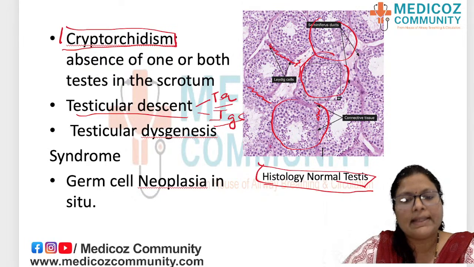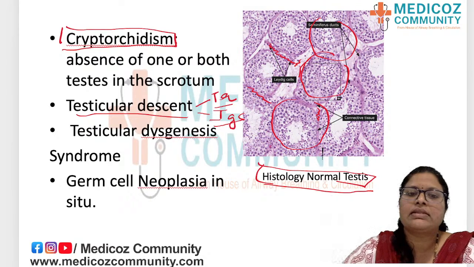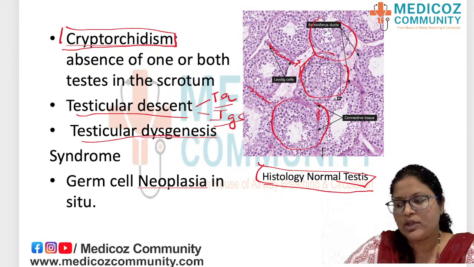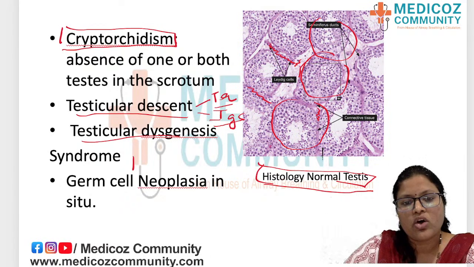So undescended testis is seen in cryptorchidism and also in a few syndromes wherein you see testicular dysgenesis, like your Klinefelter syndrome or your Prader-Willi syndrome, right?